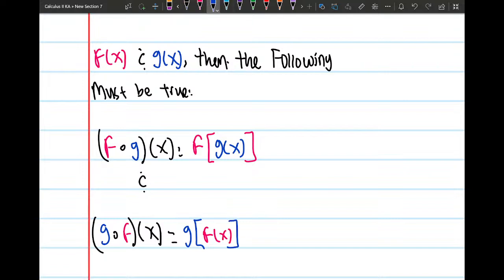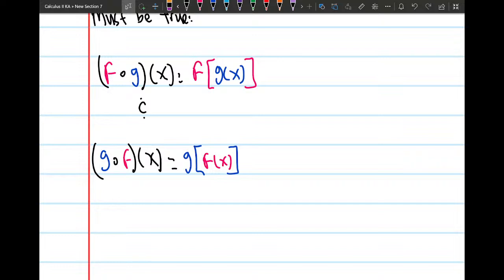And this is basically the difference between these two.